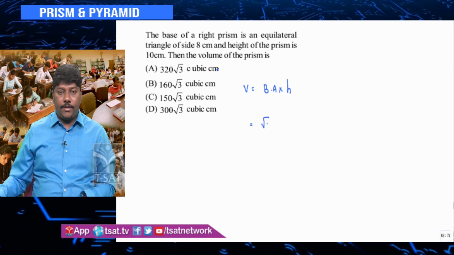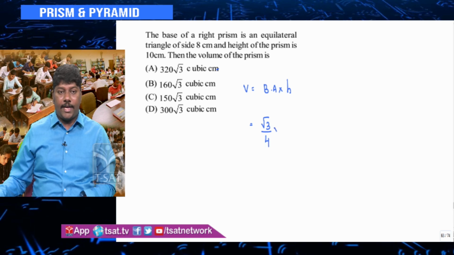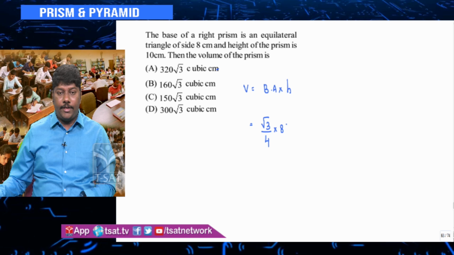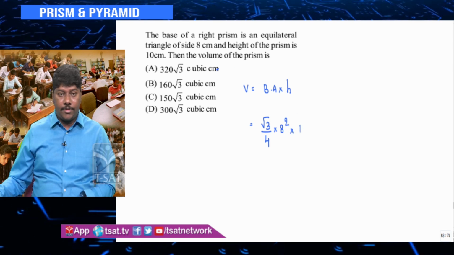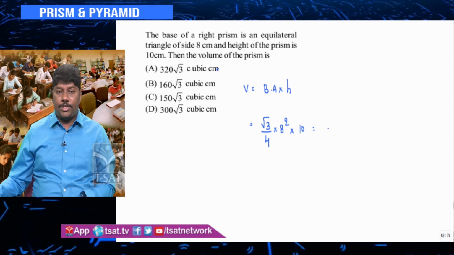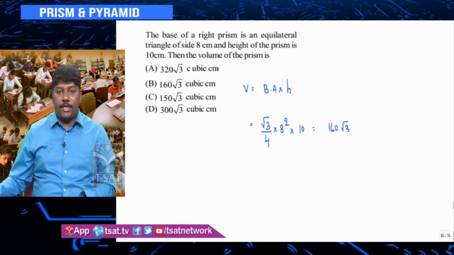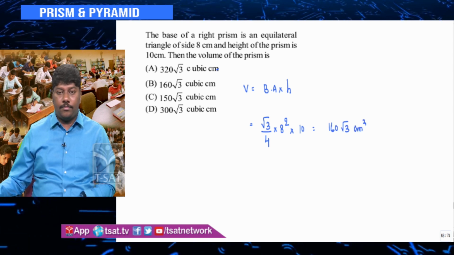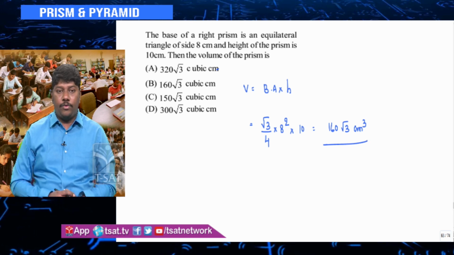Base area of an equilateral triangle is √3/4 a square, where a is the side, so 8 square. Height of the prism is 10 centimeters. So 64/4 is 16. 16 into 10 is 160√3 centimeter cube. So that is the volume. Simply do base area into height.